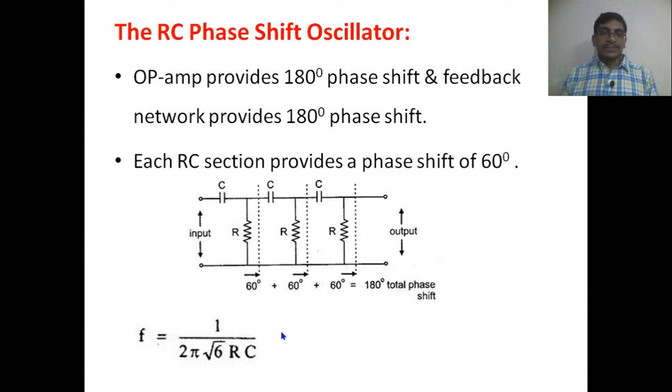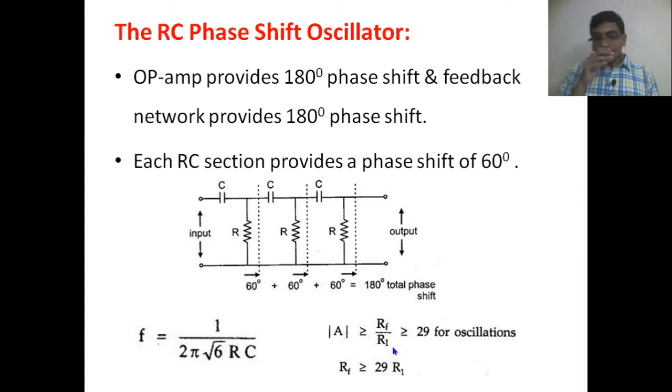The frequency of oscillations of this RC phase shift oscillator is given as f is equal to 1 by 2 pi RC root 6, which is a very important equation in order to do the problems. And the gain A of this network must be greater than or equal to RF by R1, because it is an inverting configuration, so the gain is RF by R1.